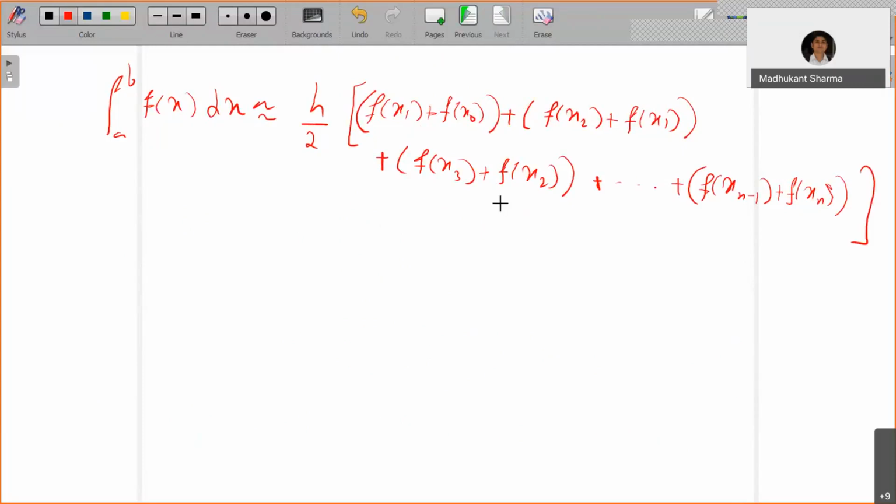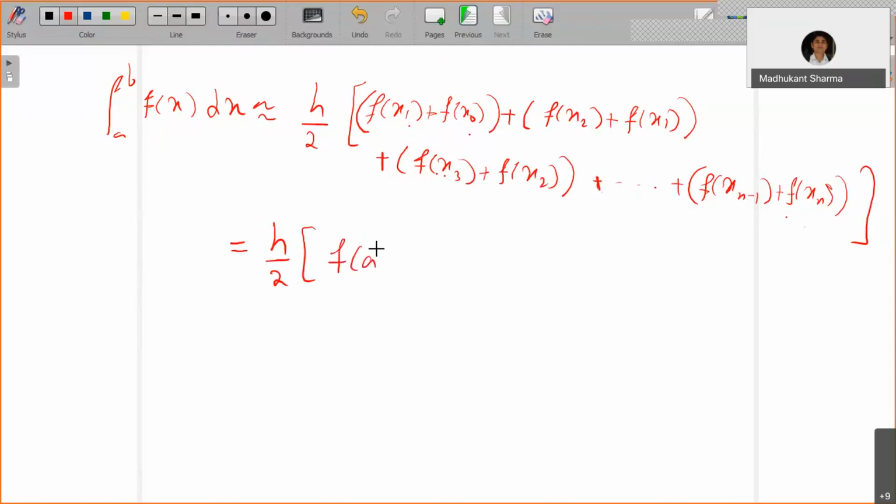Now see the first term f of x naught and f of xn are not repeated. Only f of x1 is repeated twice, f of x2 is repeated twice, similarly f of x3 is repeated twice, and f of xn minus 1 also repeated twice. So this is going to be h by 2.